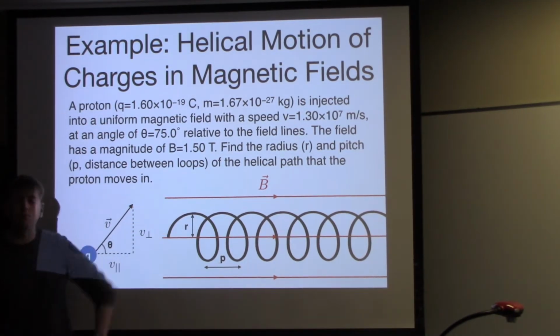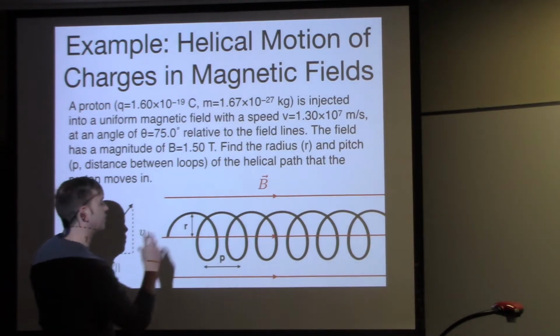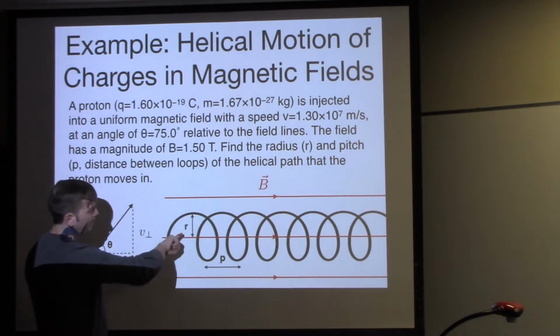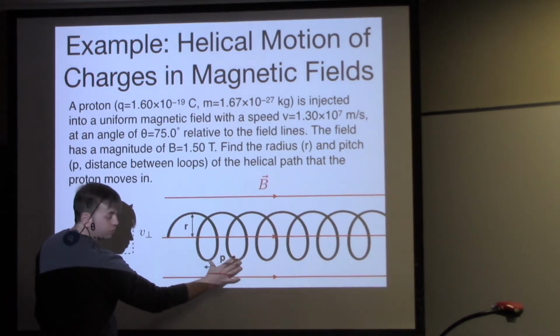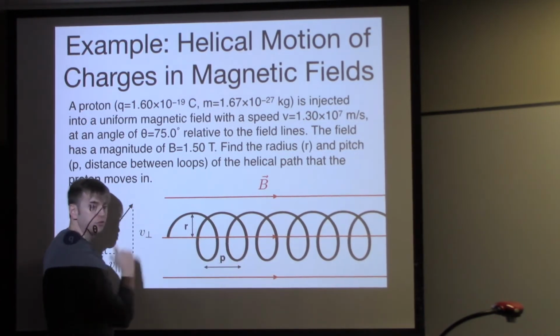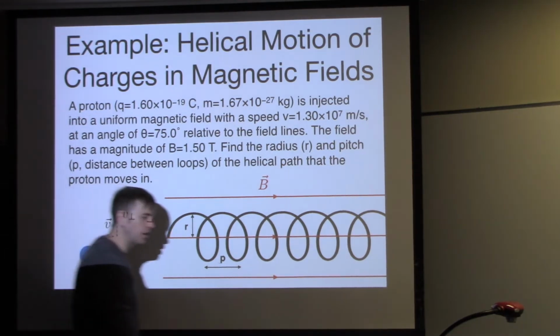As far as the pitch, this would be the distance between loops. So how much distance do I have to travel to get from one loop of this helix to the next one? That's the distance P shown in the diagram. We're going to get both of these numbers.